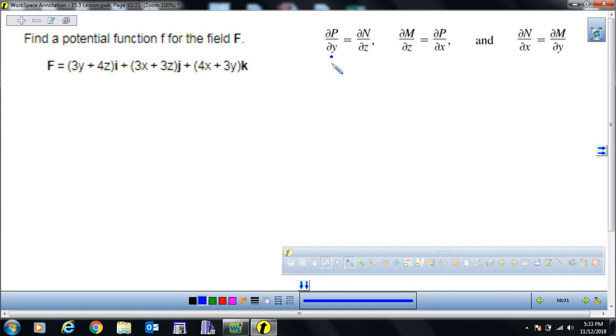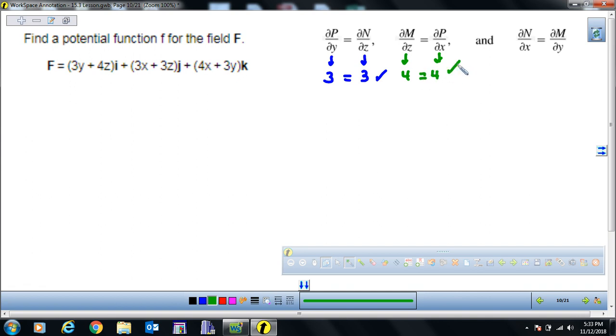Just to verify that they are conservative, all we have to do is get the derivatives. Now, the derivative of the P with respect to y right here would be 3. The derivative of N with respect to z right here will also be 3. So they are the same. Now, check on this one. The derivative of the i component with respect to z right here is going to be 4. The derivative of the k component with respect to x right here is also going to be 4.